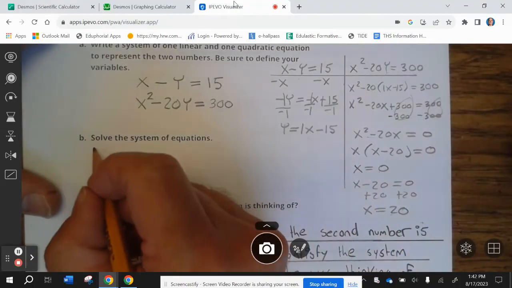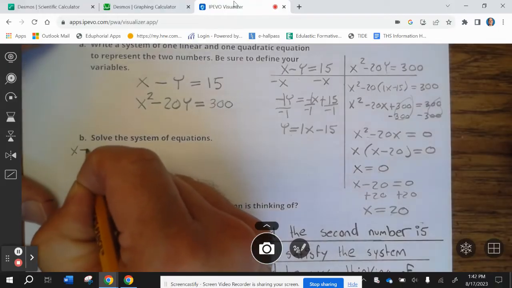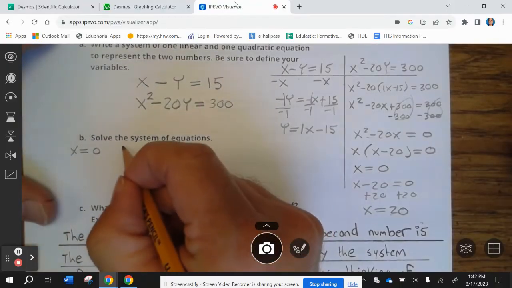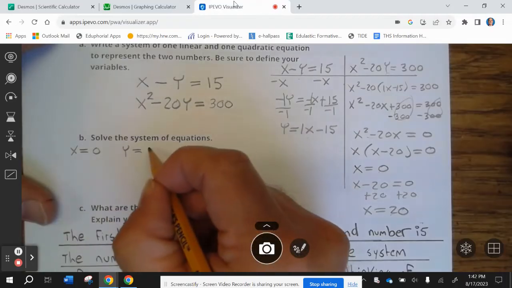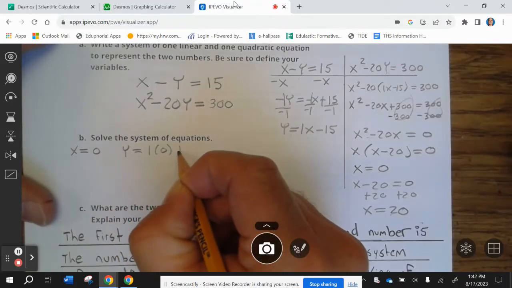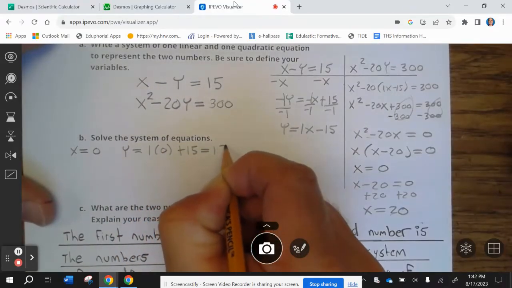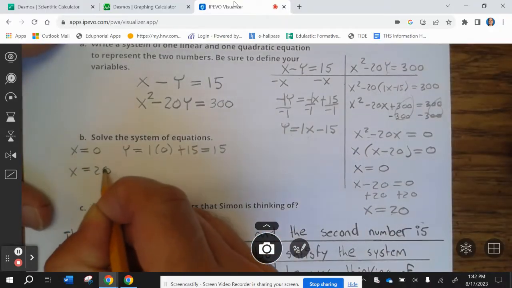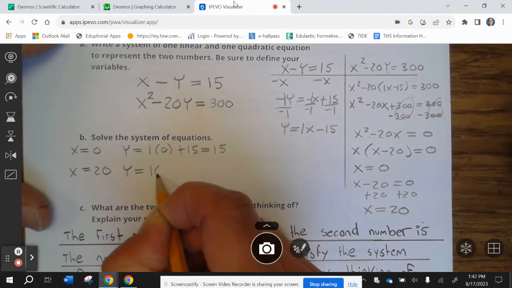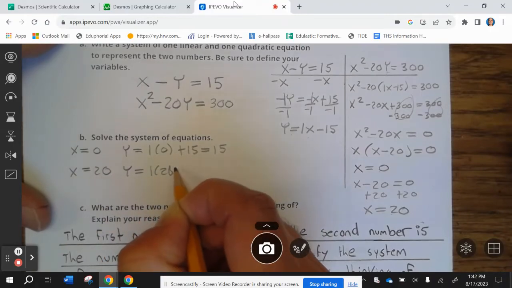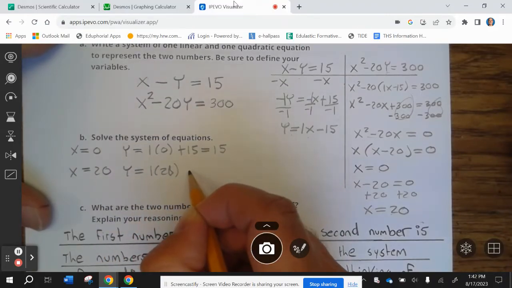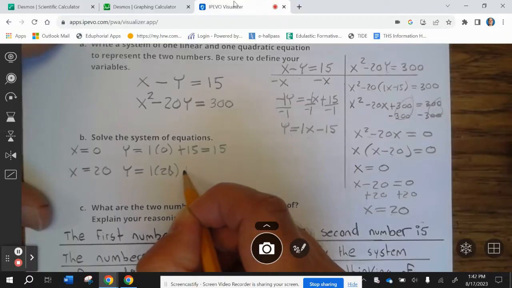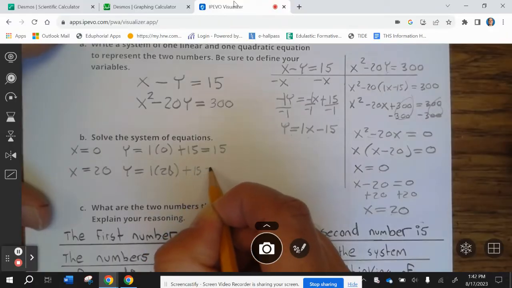So when x equals 0, y equals 0 plus 15. When x equals 20, y equals 20 plus 15.